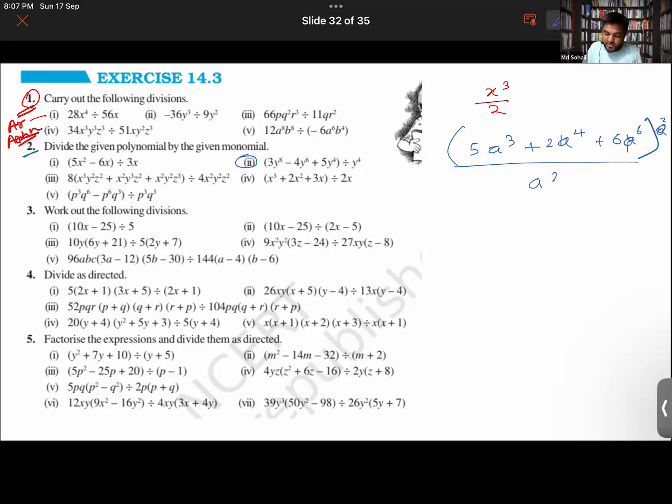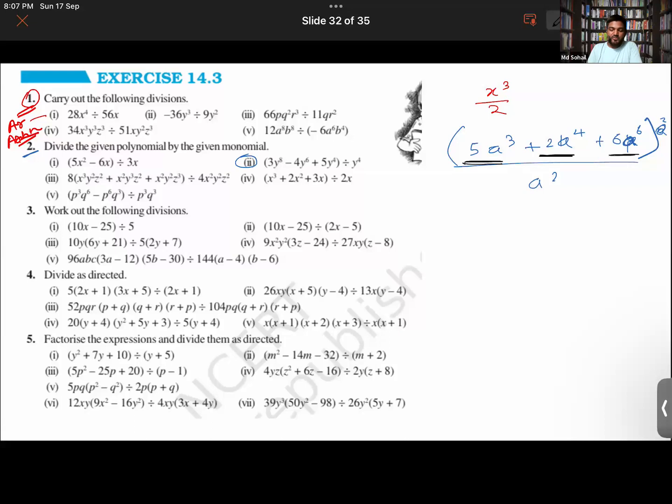Right? 6a raised to the power 6. In the three terms 5a cube, 2a raised to the power 4 and 6a raised to the power 6, the only thing you will be getting common is a cube. You have to find common in all three terms here.